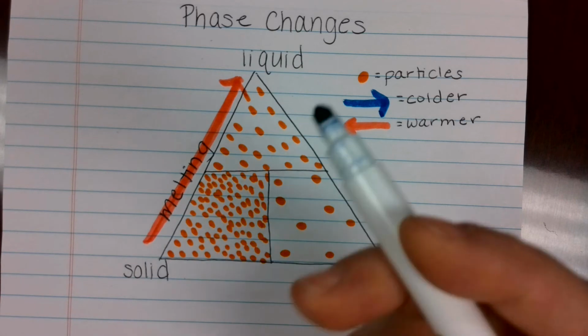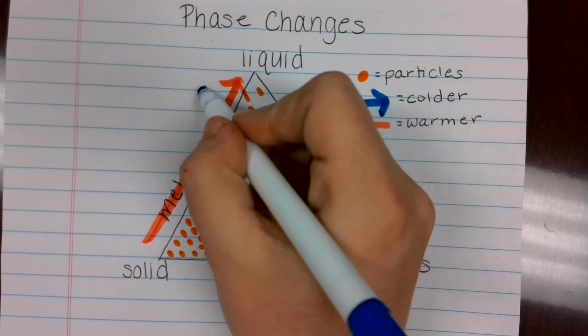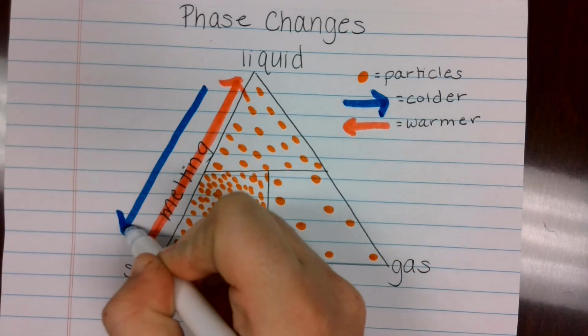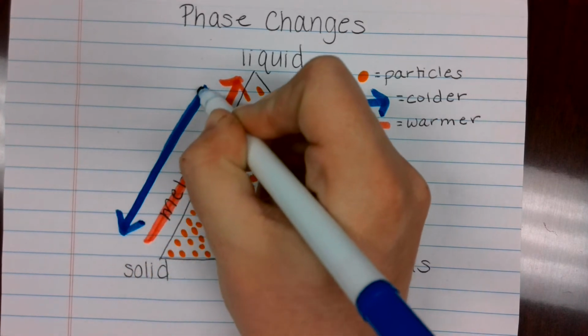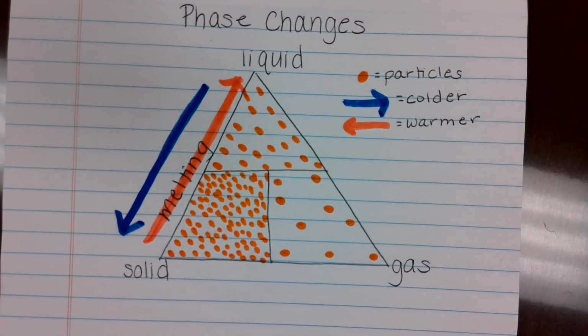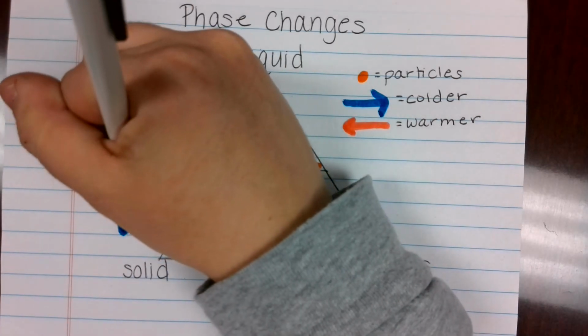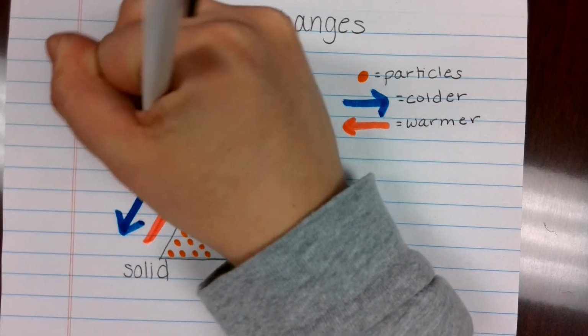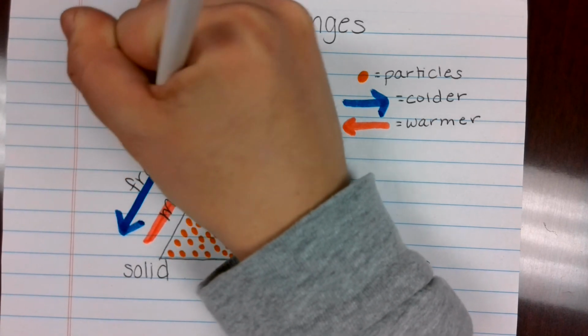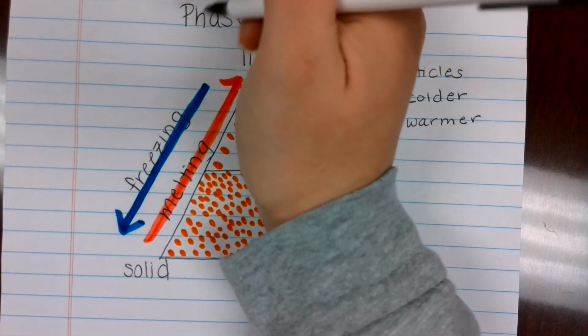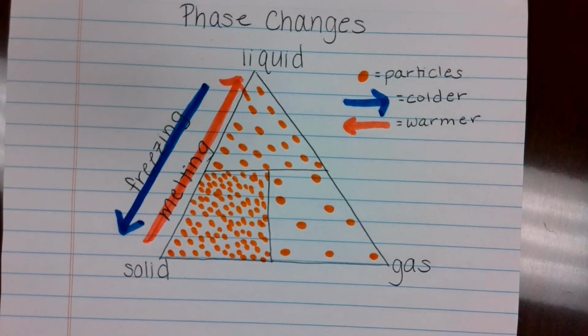Now, if we were going from a liquid to a solid, we know that's probably going to be a cooler temperature. And we know that as freezing. Same thing in the wintertime, where we have freezing rain, snow, sleet, all of that cold stuff.